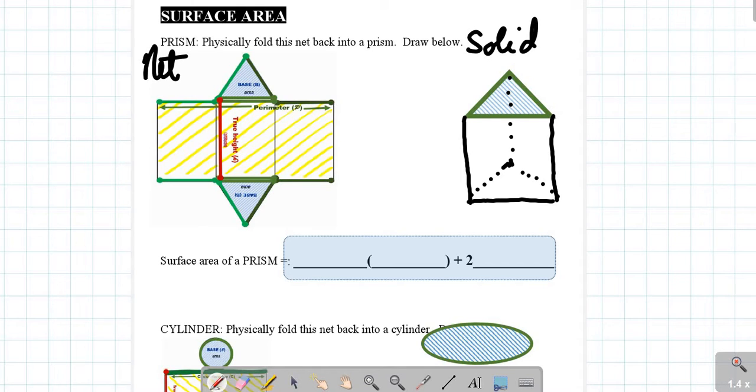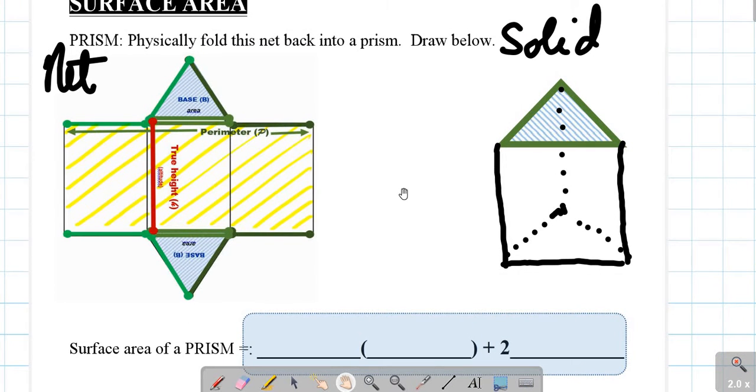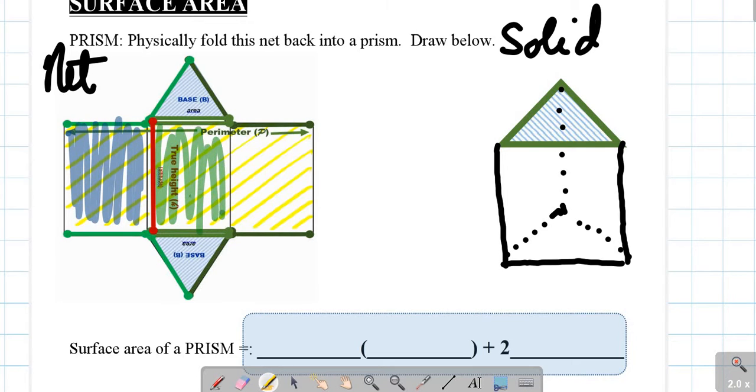Now, there are 2 ways to do surface area. One is you simply take the solid, you unfold it, and then you individually find the area of each of the pieces. So you would find this rectangle, then this rectangle, then this rectangle, then the area of this triangle and the area of this triangle.